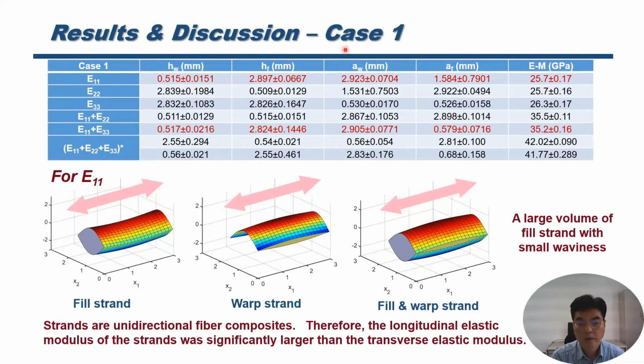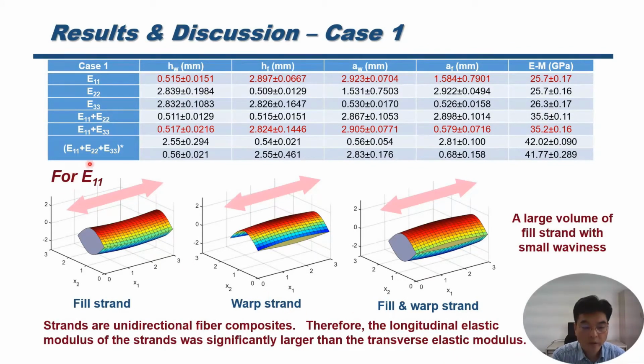Okay, these are the results of case 1. Strands are kind of unidirectional composites. So the longitudinal elastic modulus of the strand was significantly higher than the transverse elastic modulus.